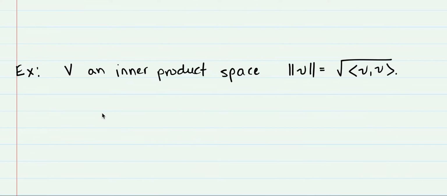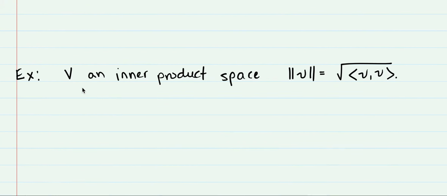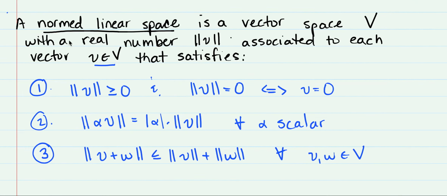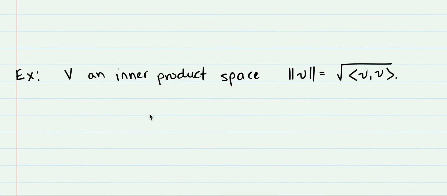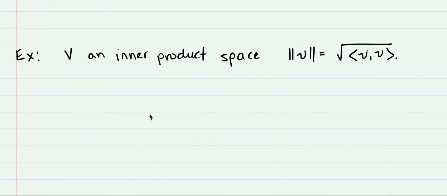So one example of a normed linear space, remember that is what we're calling this, is an inner product space. So if we have an inner product space, then we can just define the norm of every vector as the square root of the inner product of the vector with itself. Now this is a normed linear space, and you can check those three properties.